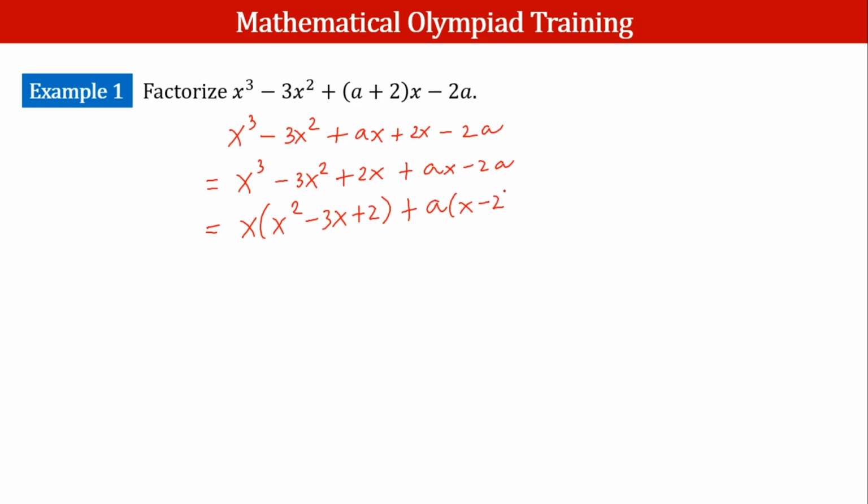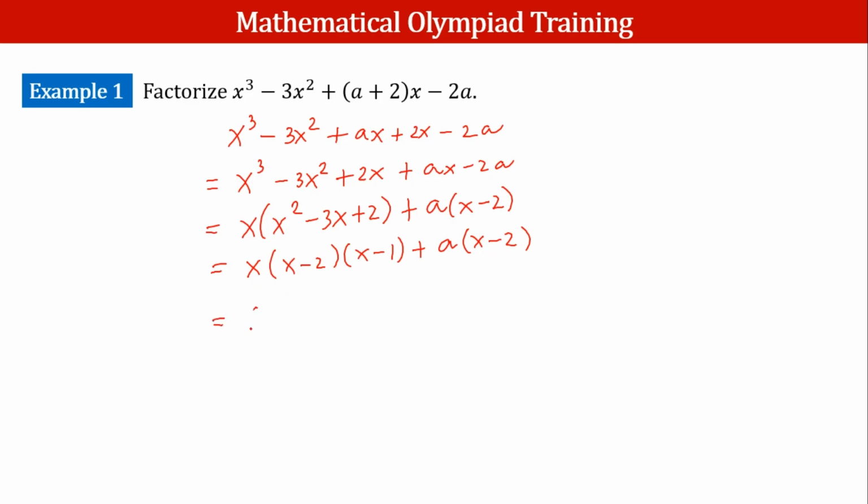minus 2. This is actually a good thing because x squared minus 3x plus 2 is factorable into x minus 2 times x minus 1. So now we have a common factor of x minus 2 in the entire expression. Alright, now let's factor out x minus 2.